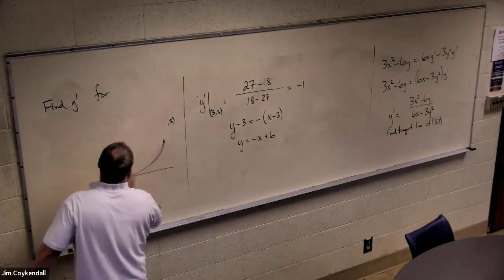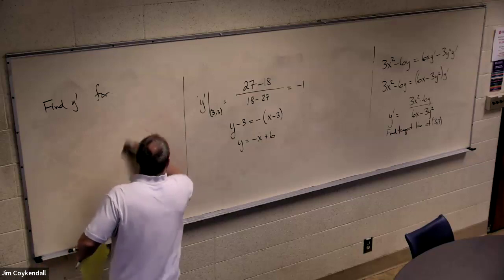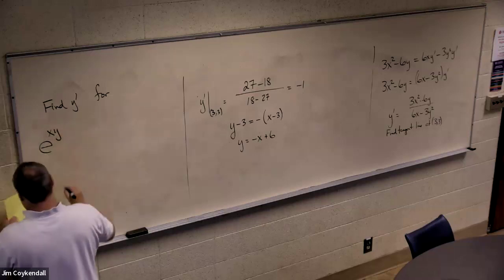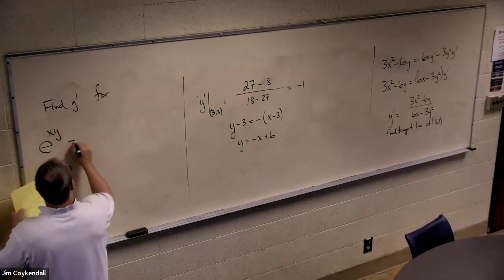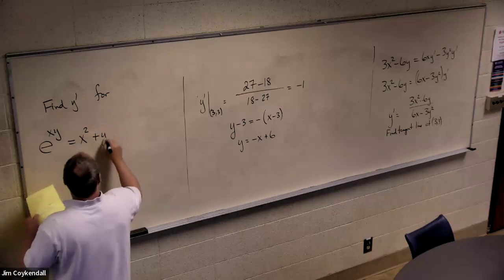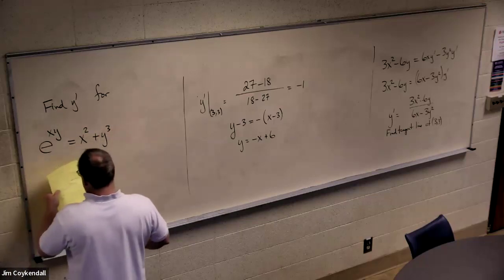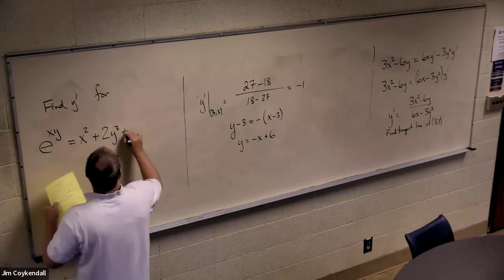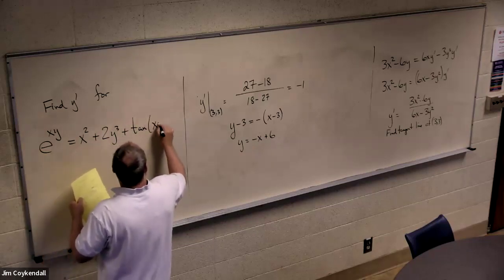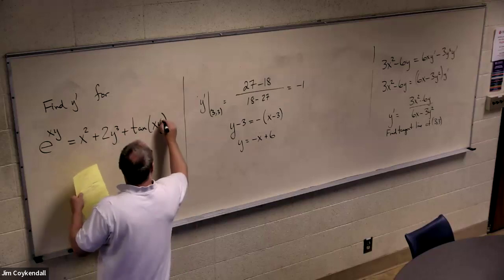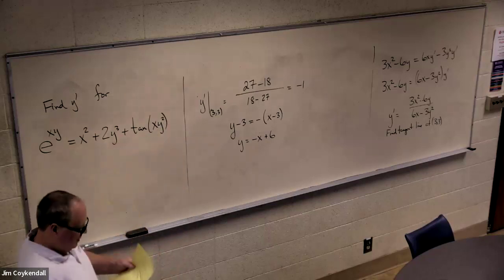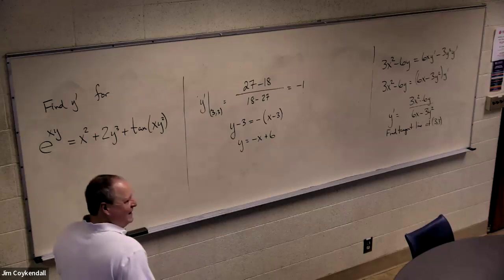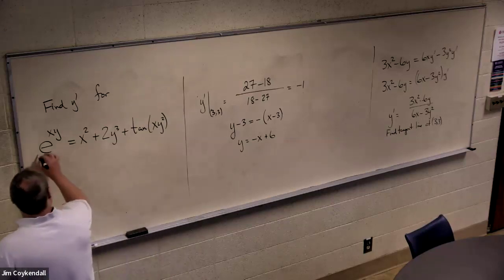See how this shakes out. e to the xy equals x squared plus y cubed plus tangent of xy squared. I'm here to tell you it's a mess, but we will persevere.